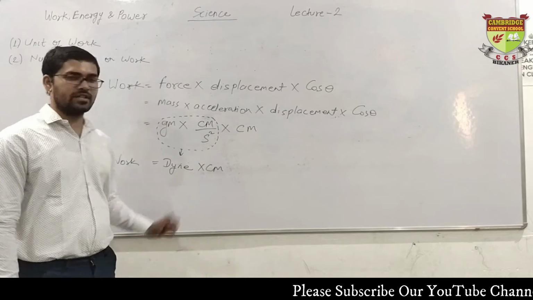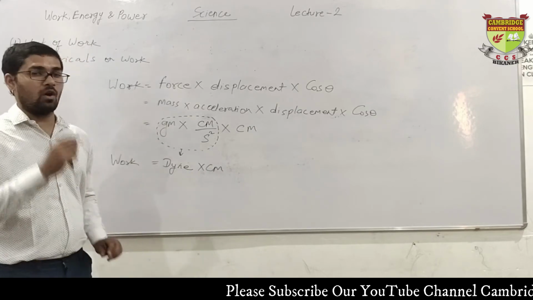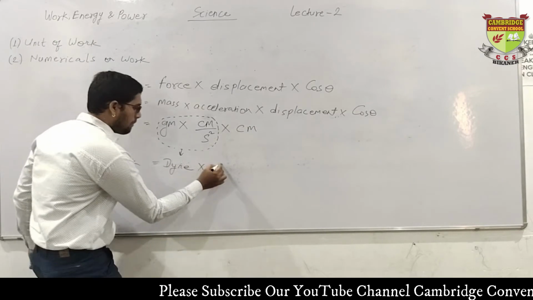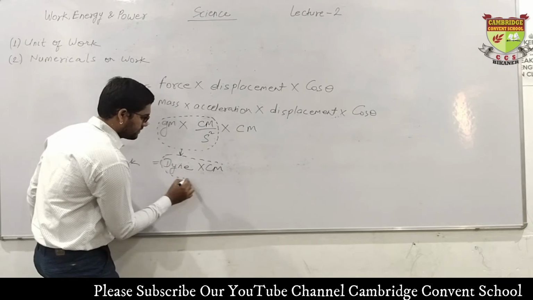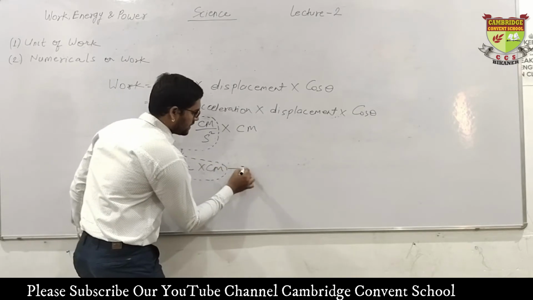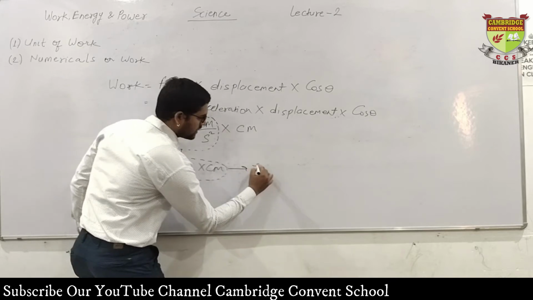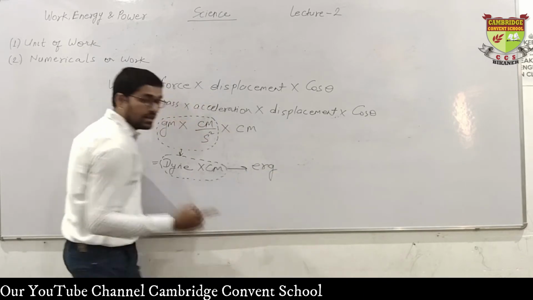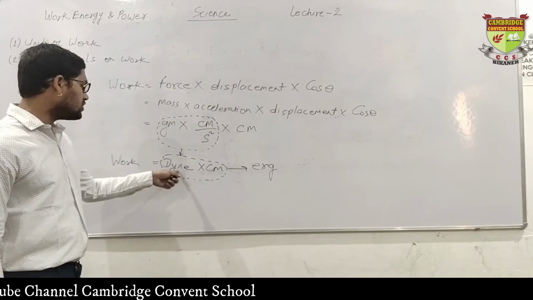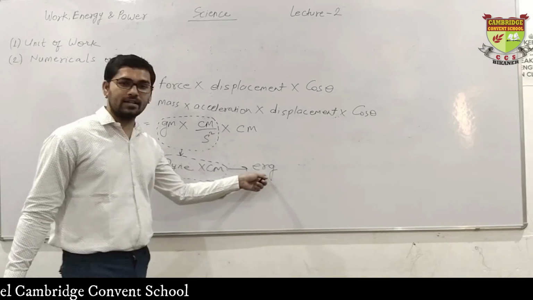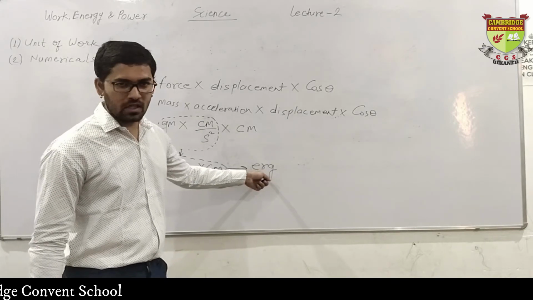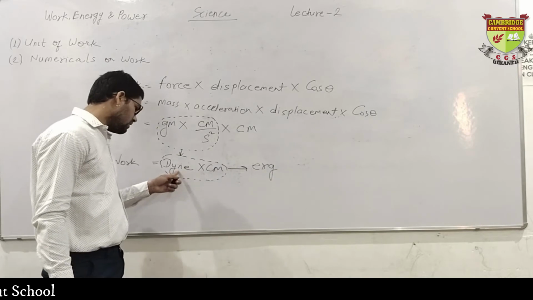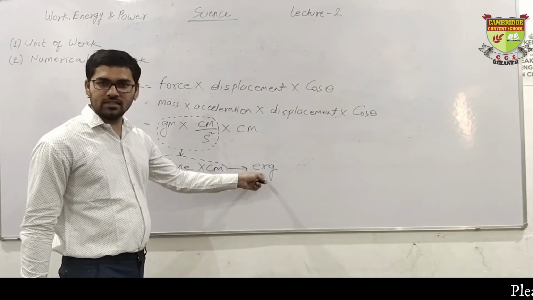Combined with centimeter, it is the unit of work in other units. But dyne into centimeter is also a big thing. So how will we shorten it? Combine them. Like before, Newton into meter combinedly was known as joule; similarly, dyne into centimeter combinedly is known as erg.